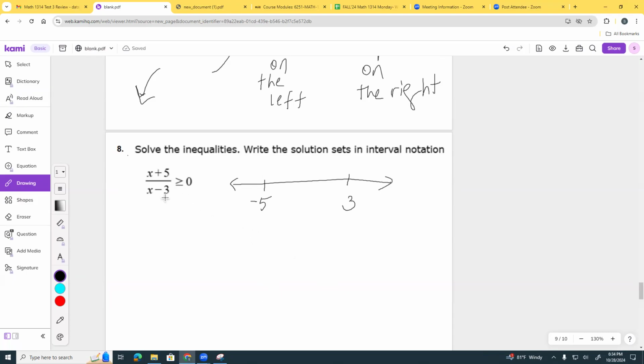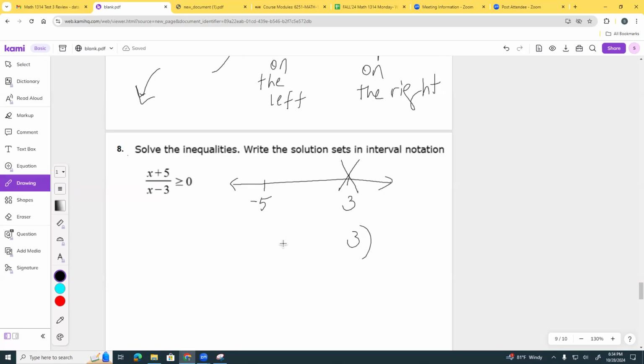First of all, in any circumstances for a rational function, am I ever allowed to use a 3 in my answer? Because 3 makes your denominator 0, no matter what, we're not allowed to use a 3. So in the answer, we have to make sure that 3 uses a parenthesis, not a bracket.